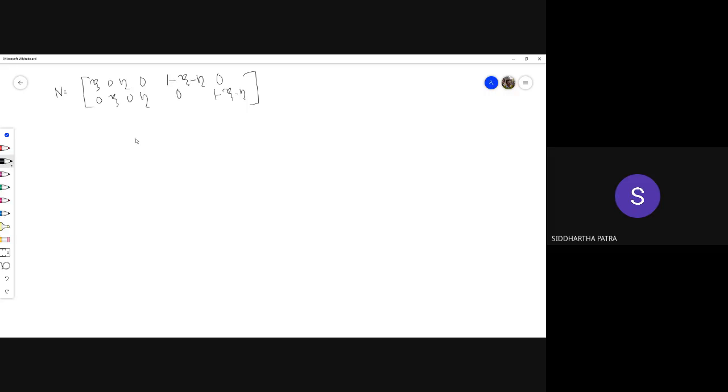And if I try to write N as a vector, because there are only 3 independent components, that would be xi, eta, and 1 minus xi minus eta. Okay, and if I want to represent them as N1, N2, N3, please note these two are different notation.